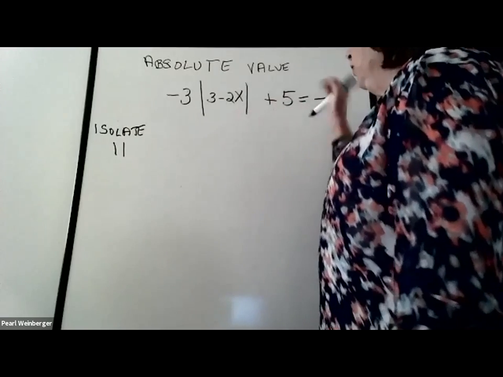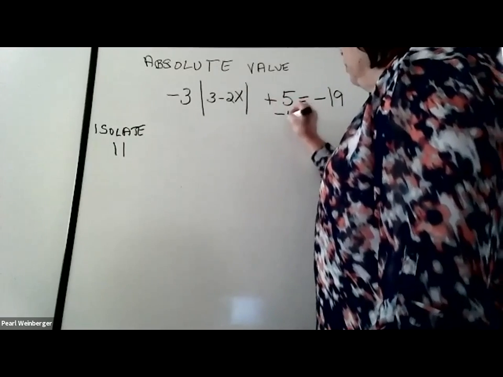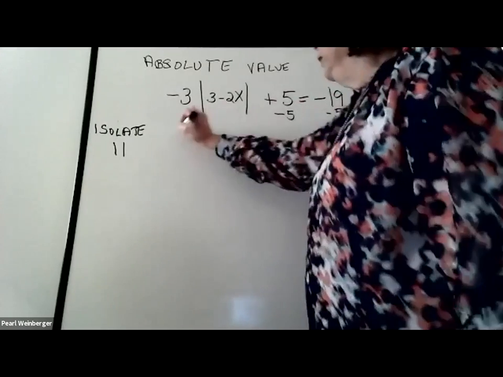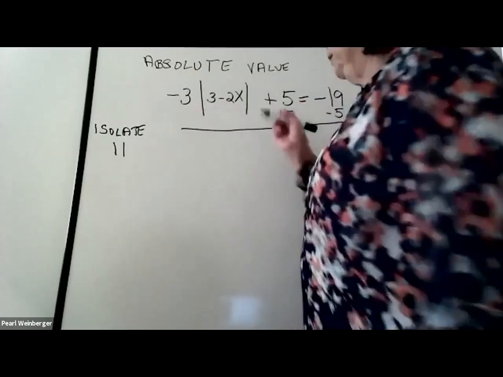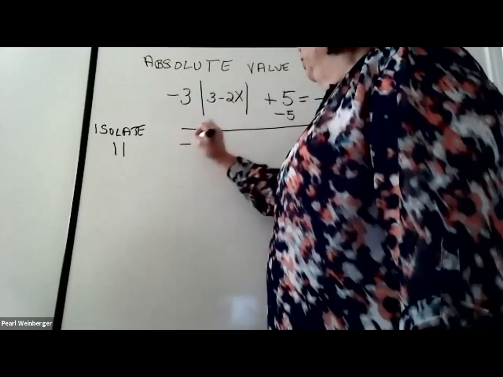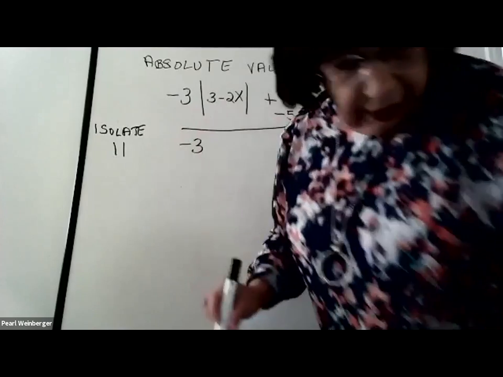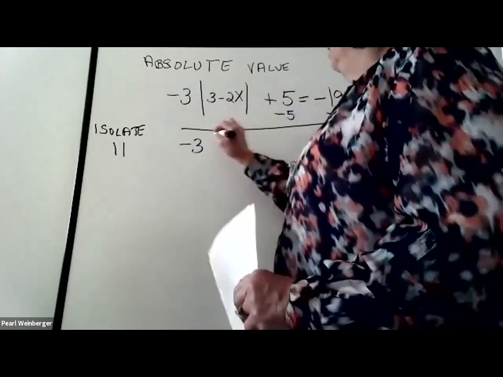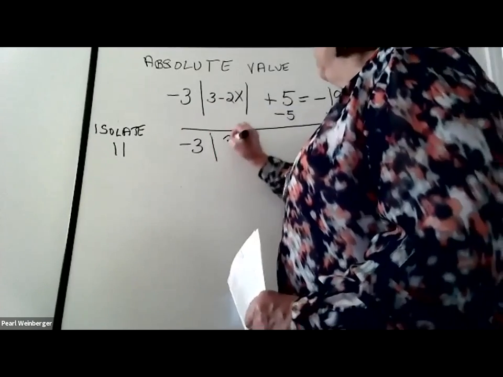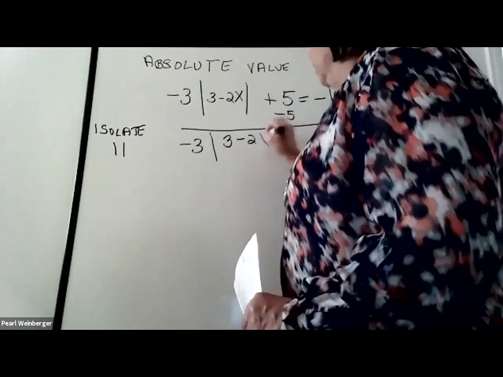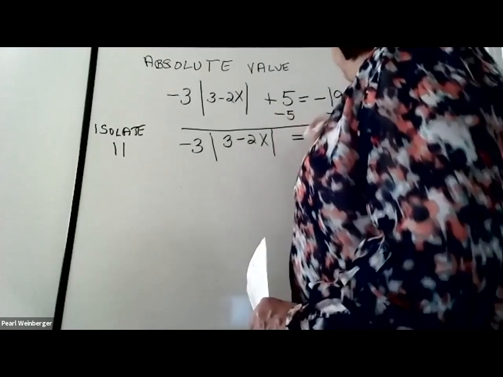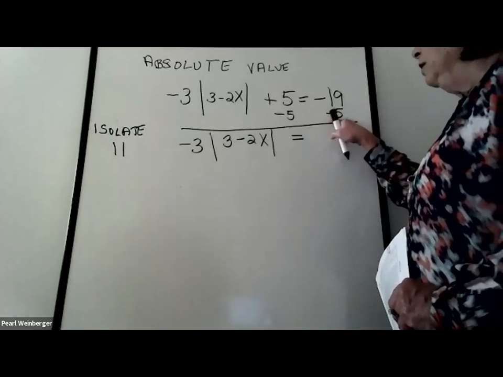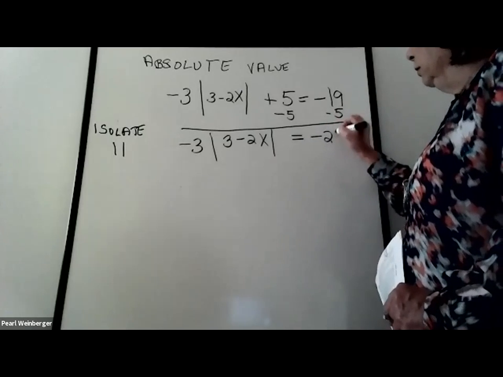I see a plus 5, so I'm going to subtract 5 from both sides. This gives me -3 absolute value of 3 minus 2x equals -19 minus 5, which gives me -24.